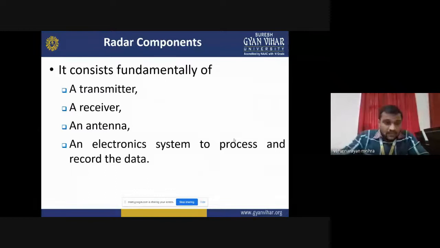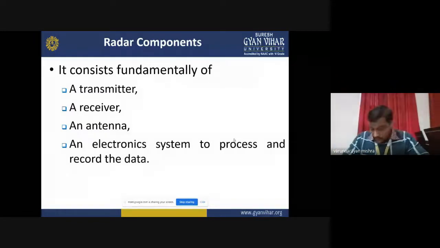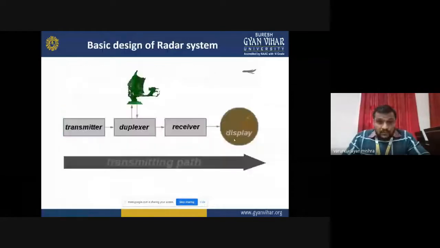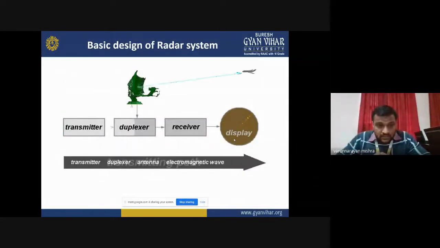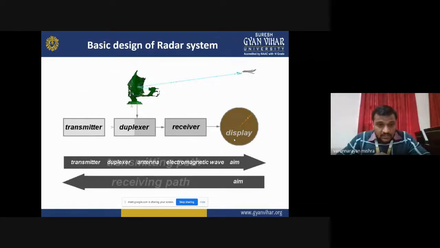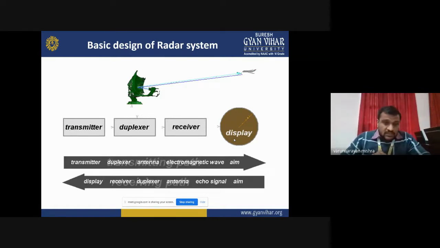And there may be an electronic system used to process and record the data. Okay, so this is how it works. It's a very small animation. There is a transmitter, and that transmitter is used to transmit the signals.